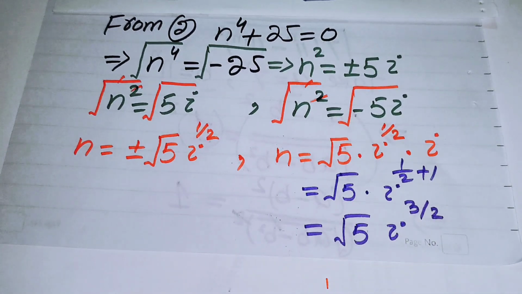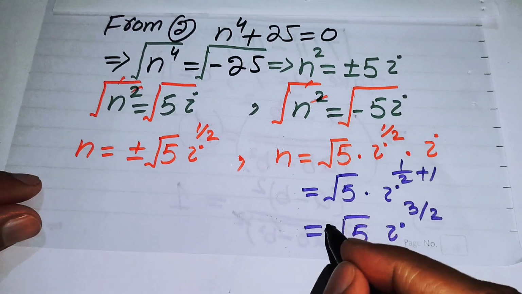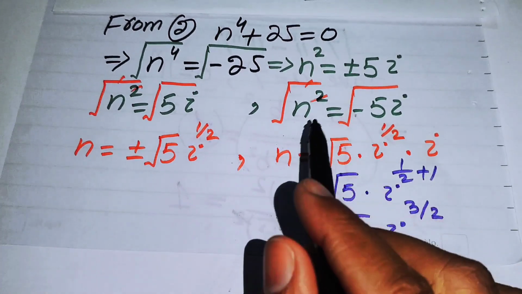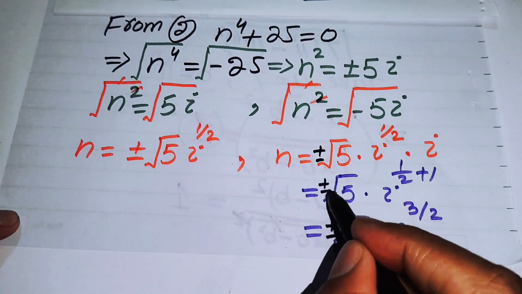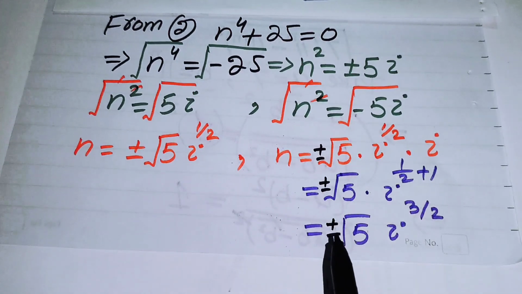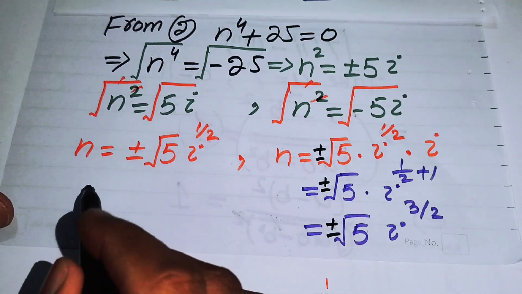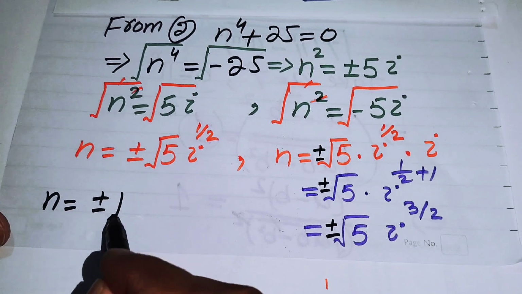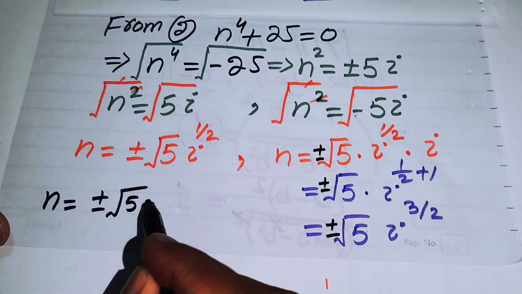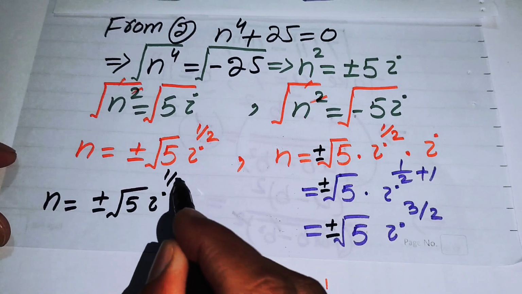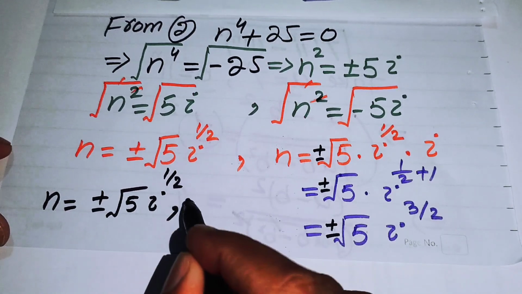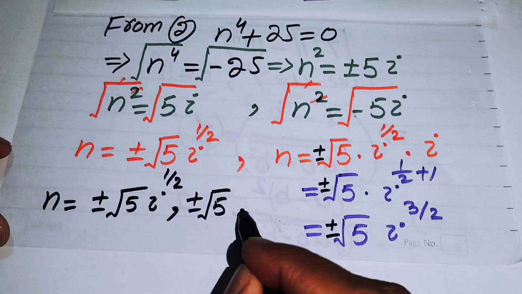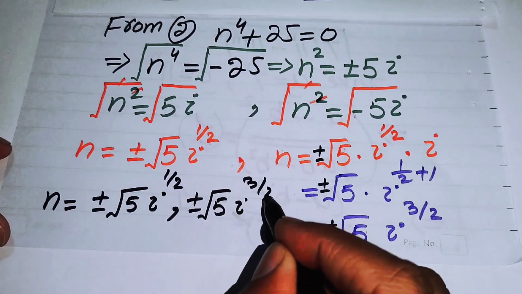We write the plus minus sign because we take the square root on both sides. So from equation number 2 we get the 4 complex roots: square root of 5 into iota to the power of 1 over 2, and plus minus square root of 5 into iota to the power of 3 over 2.